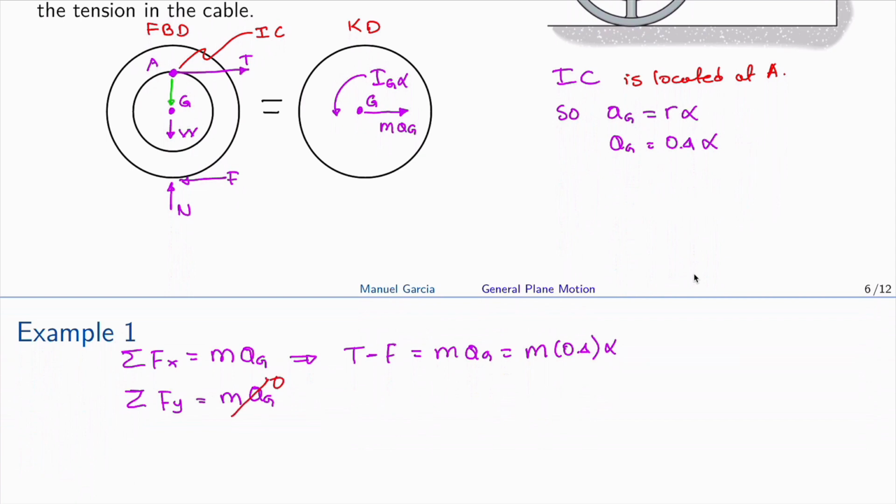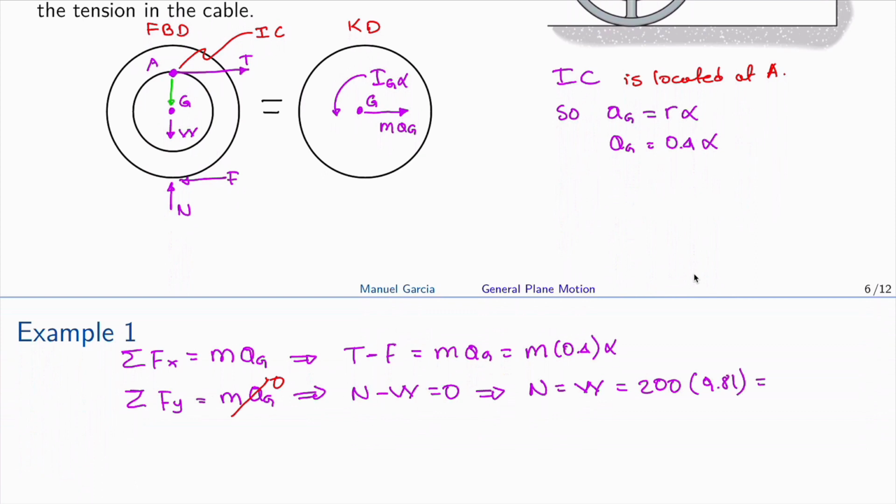In the vertical direction, we have the weight W and the normal force. So the normal force minus the weight is equal to 0, and from here we can conclude that the normal force is equal to the weight, and the weight is the mass, which is 200 kilograms, multiplied by the gravity, which is 9.81.